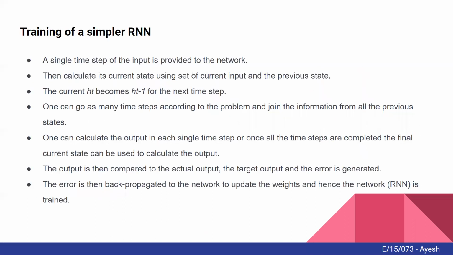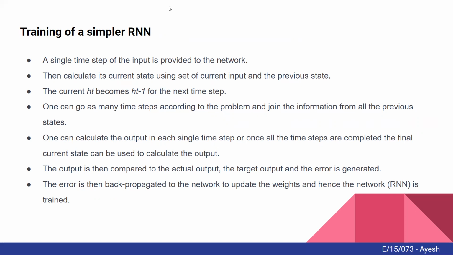So let's go to the next slide, to the process of this simple RNN network. A single time step of the input is provided to the network, and then we calculate its current state using the current input and also the previous state, which comes with a weight.